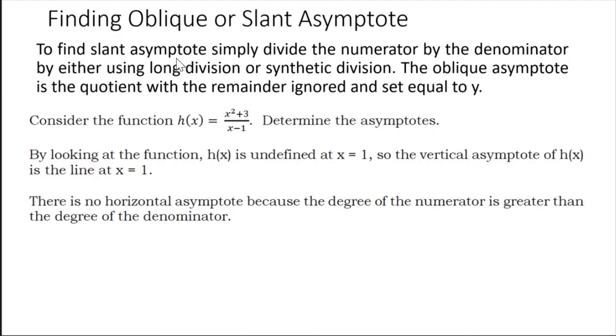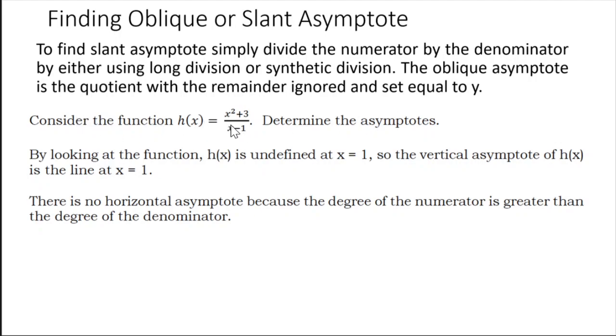To find the slant asymptote, simply divide the numerator by the denominator, using either long division or synthetic division. The oblique asymptote is the quotient with the remainder ignored, set equal to y. So if there is a remainder, you ignore the remainder and the quotient is simply equated to y.